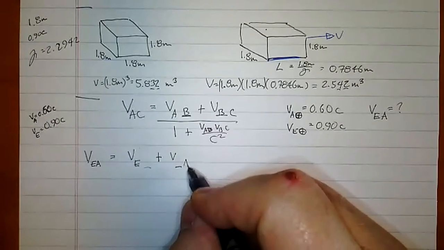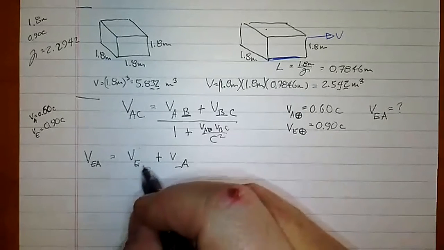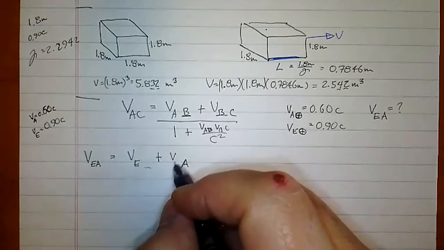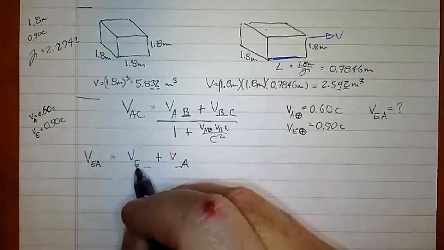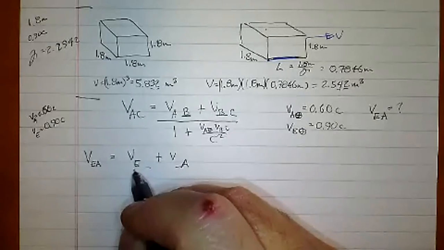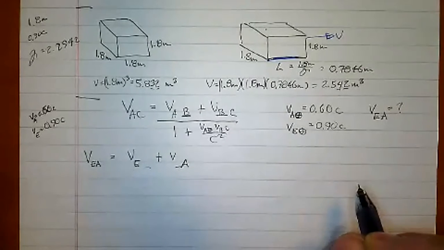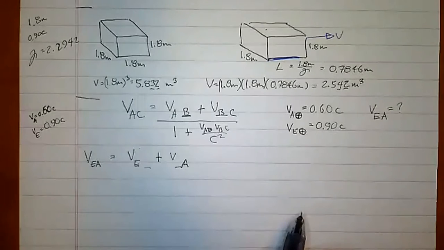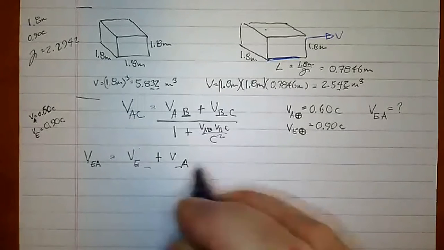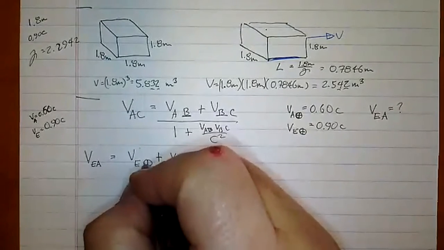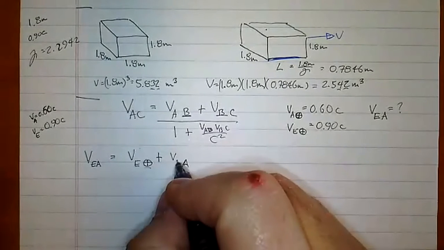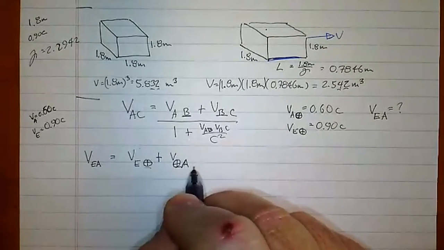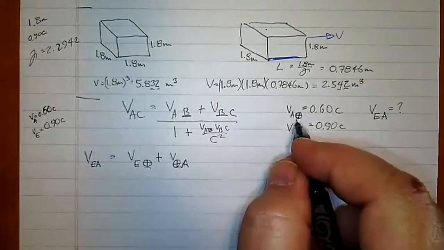A. Right. So now all we need is something that we have here. So do we have anything with E as the first subscript, whose numbers we know? The Earth. Yes. So you can put the Earth circle there. And notice that causes a little bit of problem because we don't actually have the V of the Earth with A. We have the V of the A with the Earth, right?